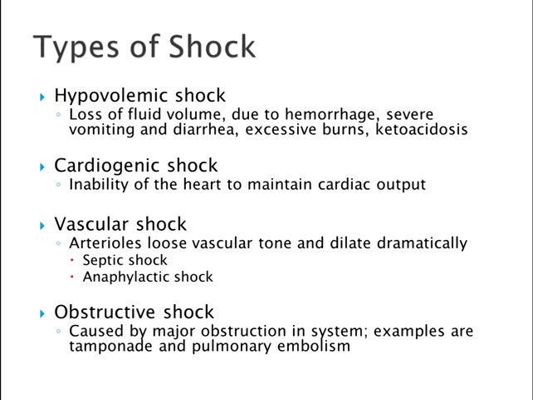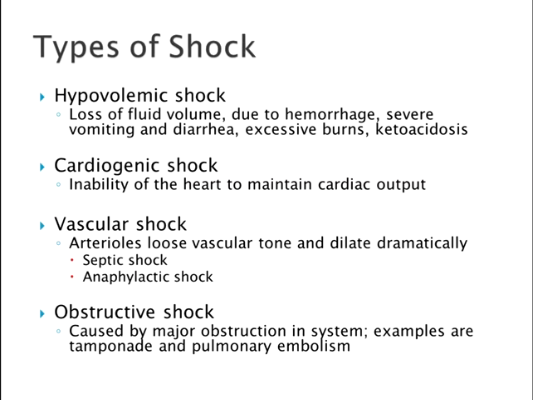Septic shock is typically due to a bacterial infection, and it causes vasodilation in the blood vessels. We'll talk more about this and anaphylactic shock when we get into chapter 21 on the immune system.